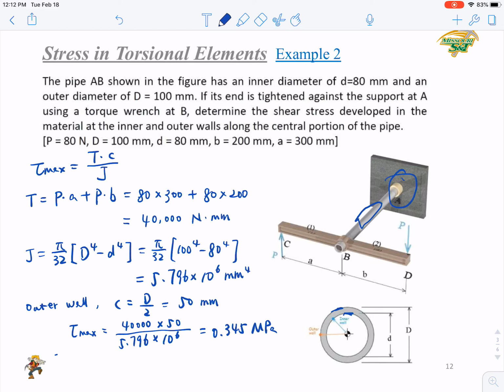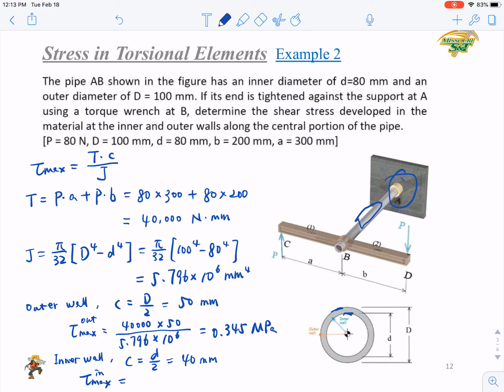And at the inner wall, the C equals inner diameter over 2. So that is 40. Then the tau max. Let's see, here's the outer wall and here is the inner wall.